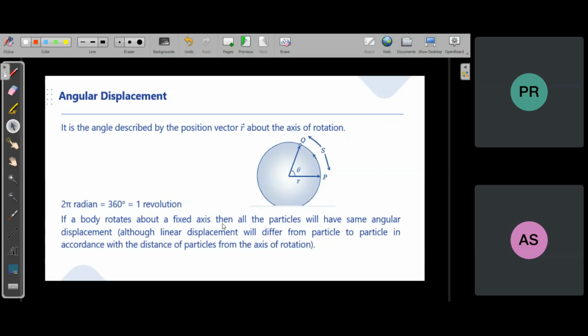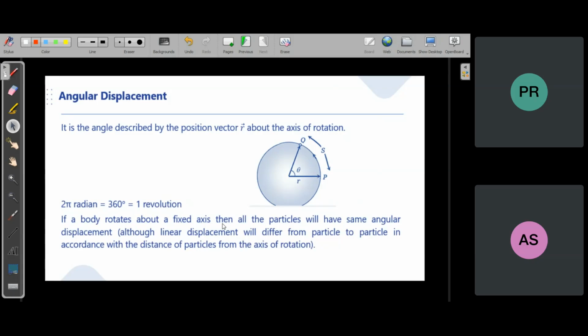Just like you studied displacement, velocity and acceleration, all those variables were used to describe linear motion.